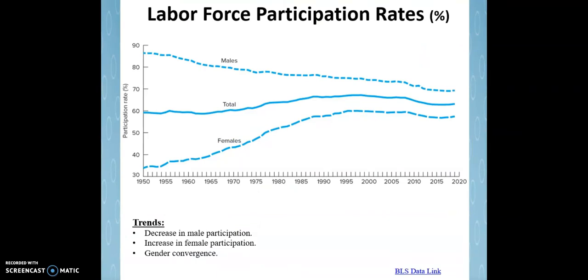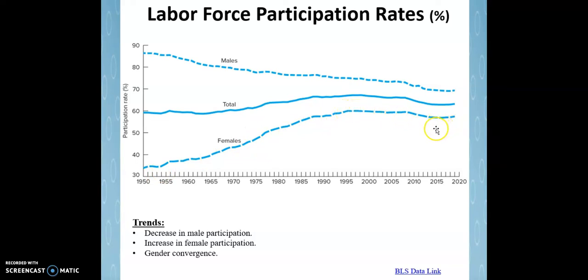Labor force participation rates do vary across genders. So you'll notice up here, this data goes again from about 1950 to close to the present. Males have been participating less. Females have been participating more. A lot more after the war, and there are many reasons for that, but then it leveled off and dropped a little bit.